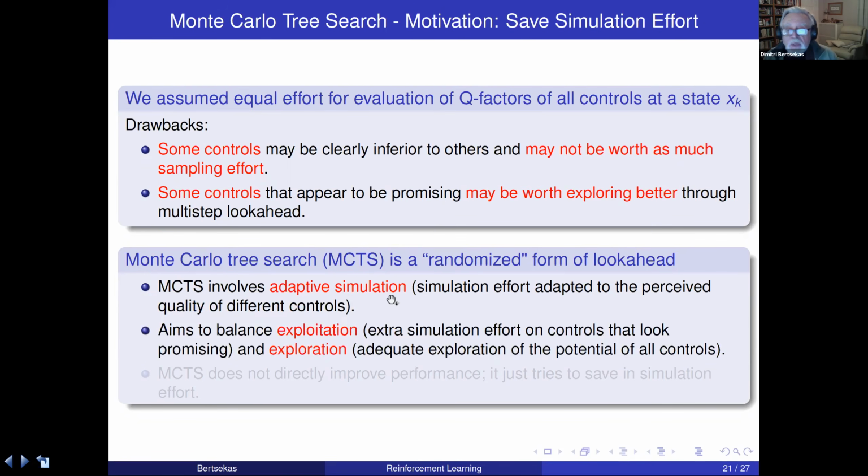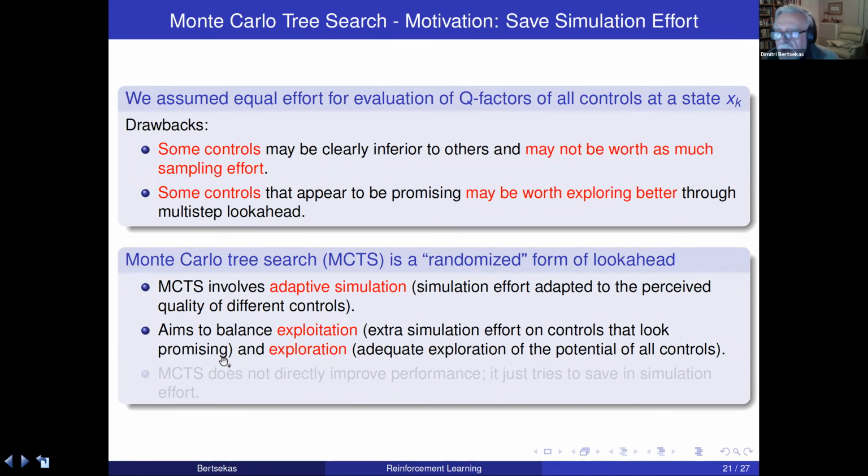And in doing adaptive simulation and exploring some controls more than others, we may try to balance exploitation and exploration. This is a classical trade-off that people talk a lot about in reinforcement learning. In this context, exploitation refers to extra simulation effort on controls that look promising.